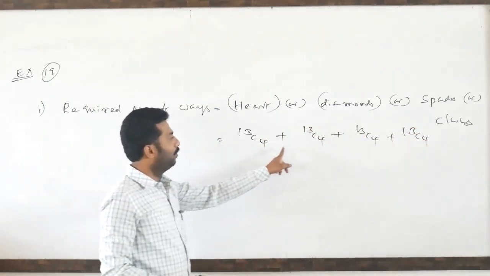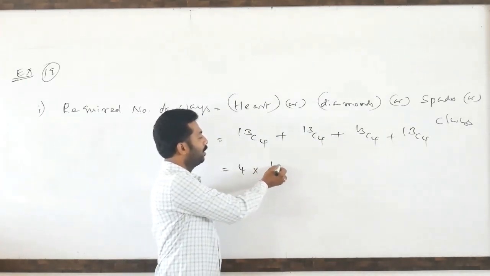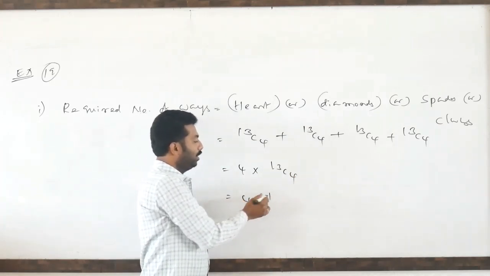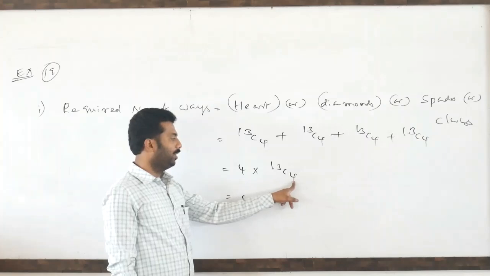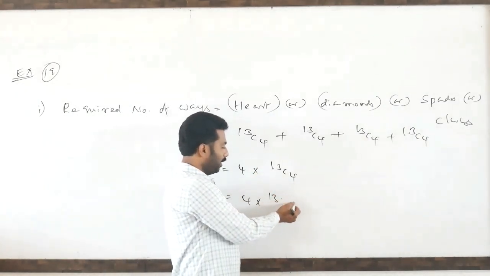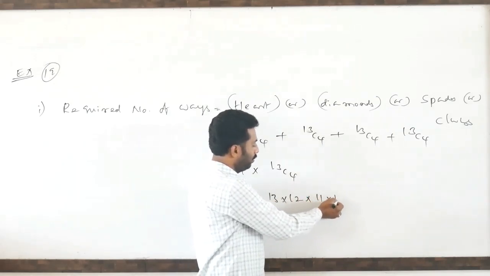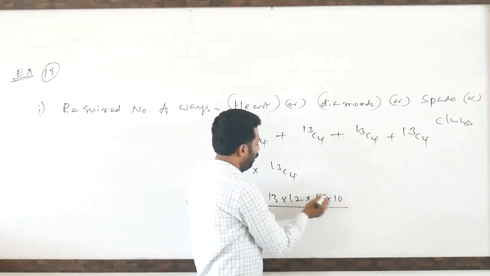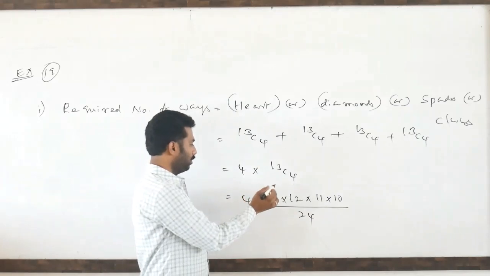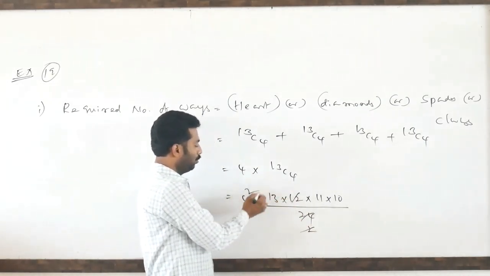So 13C4 plus 13C4, like that 4 times. So this is 4 times 13C4, so this is 4 into 13C4. In this, suffix 4 means 13 we have to reduce 3 times: 13 into 12 into 11 into 10 divided by 4 factorial, which is 24. So 12 cancels 2 times with the 24.